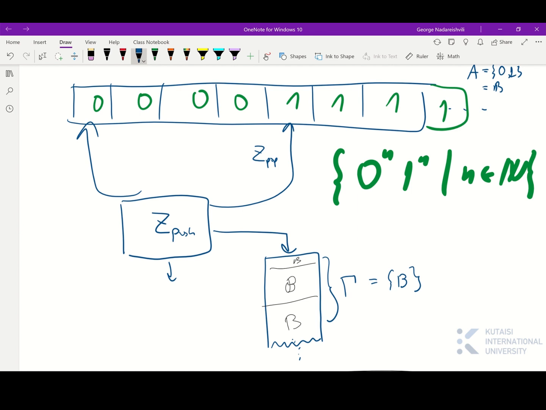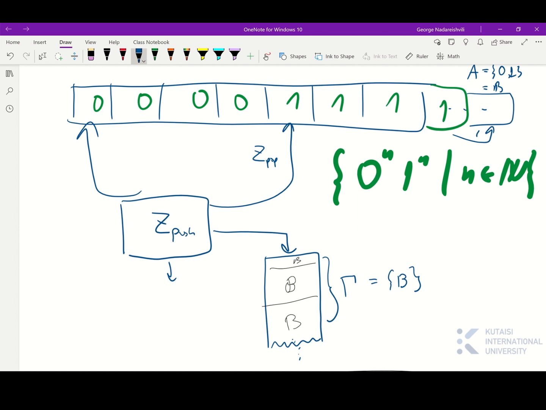In the end, my stack will be empty if my string consists of as many zeros as there are ones, and I will accept. So my accepting state is: check if your string is finished, and if your stack is empty, then accept.